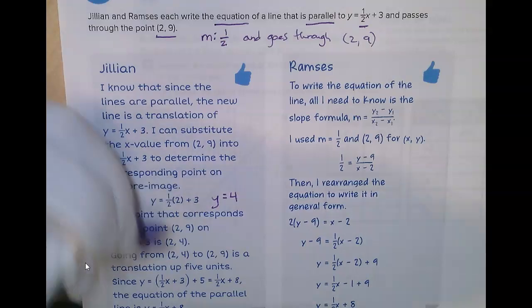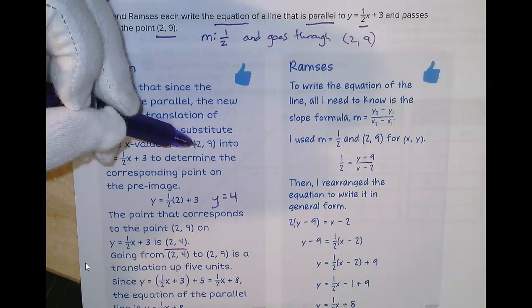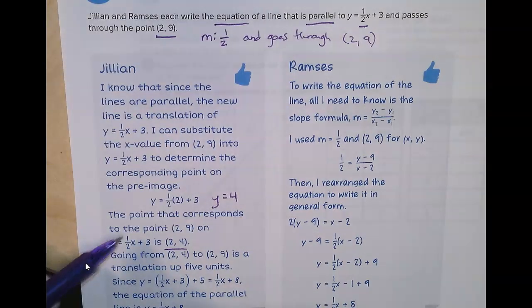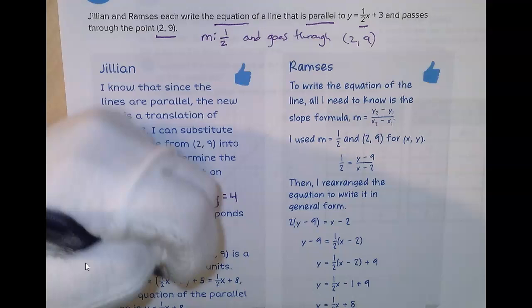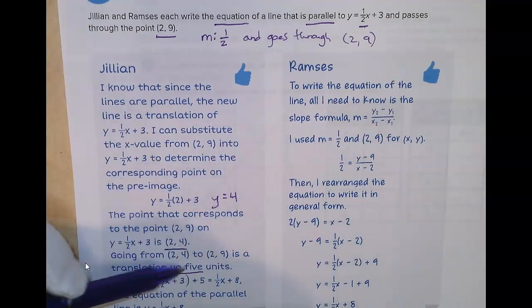So she gets this point right here from this and this. Okay? And she also notices going from 2, 4 to 2, 9 is a translation up 5. So she realizes that to go from 4 to 9 is a translation of up 5.